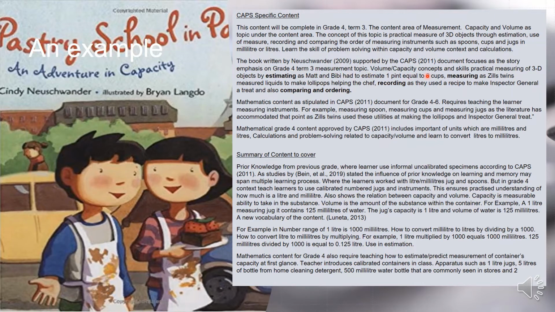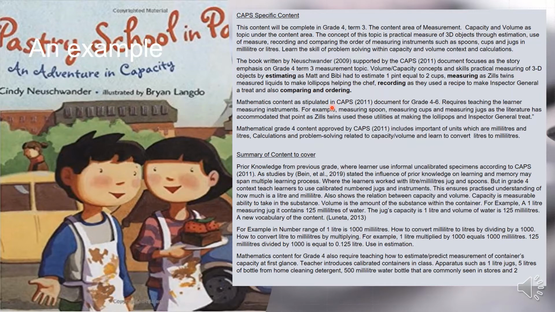The volume and capacity topics and skills were practical measuring of 3D shapes by estimating, as Martin Beebe had estimated that 1 pint is equal to 2 cups, measuring as the zealous twins measured liquids to make lollipops, helping the chef, recording as they used the recipe to make the inspector's treat, and also comparing and ordering.